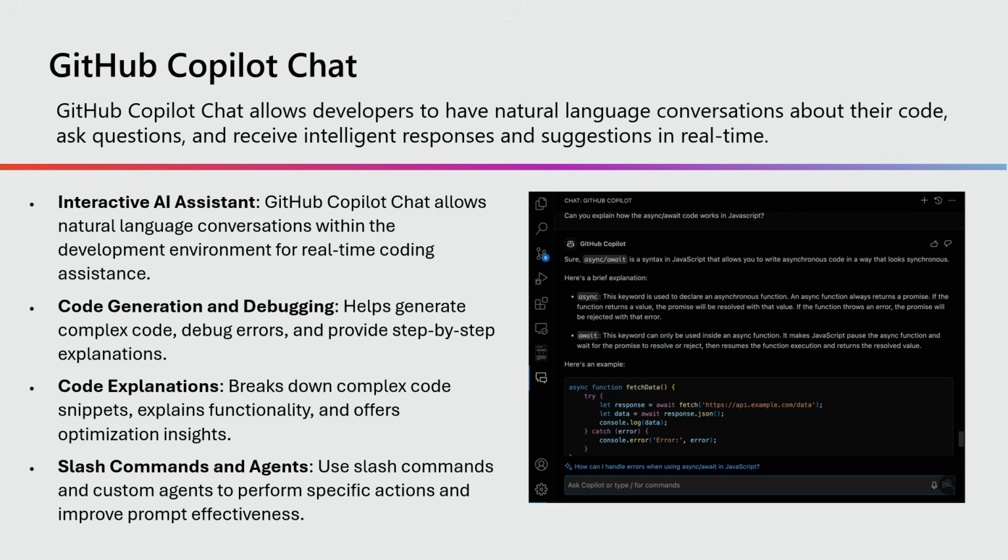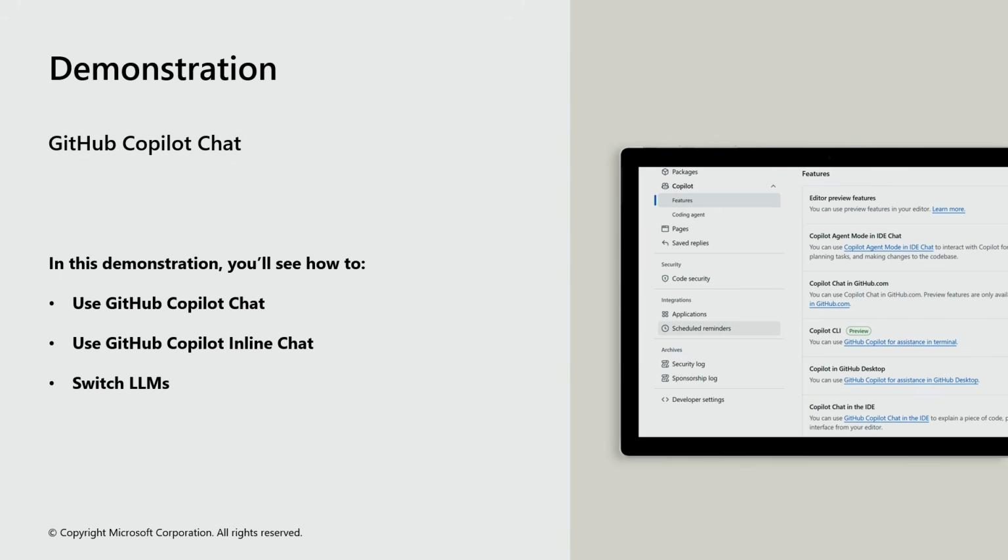It also supports more advanced workflows, including debugging, optimizations, and step-by-step guidance. Features such as slash commands and agents help scope requests and automate everyday tasks, making Copilot Chat a versatile assistant throughout the development lifecycle.